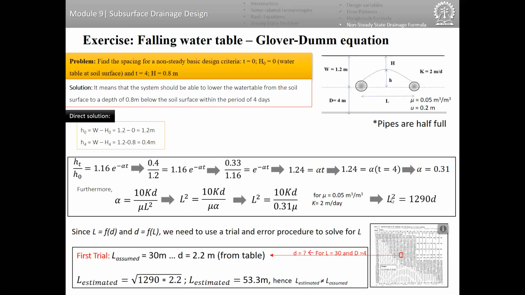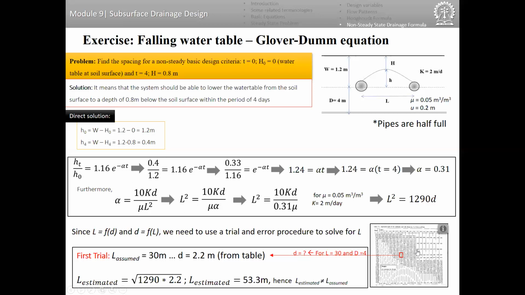We can assume some value of L, find the value of D from this table, substitute it in the Hugot expression, and then solve for L. If the assumed L and the estimated L are the same, then we can take that spacing. Otherwise, we can go with the next value.